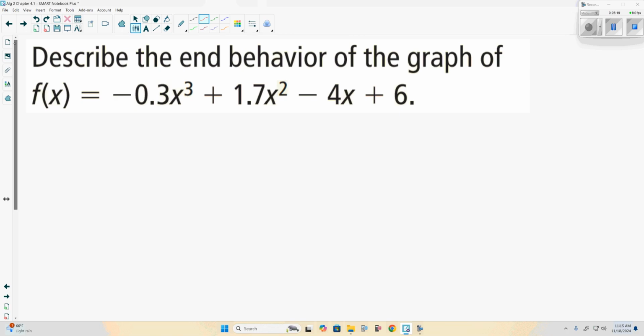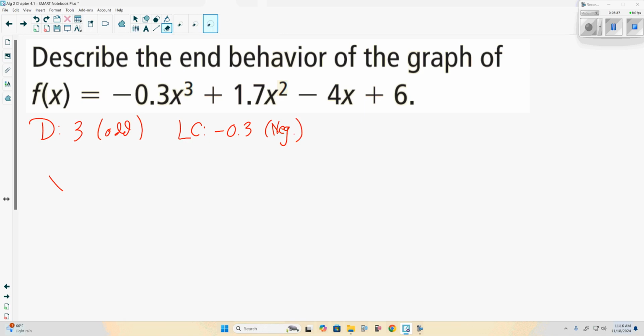Let's look at this one here, the end behavior of this graph. Well, the degree is what? 3, so it is odd. Leading coefficient is negative. So we have odd and negative.